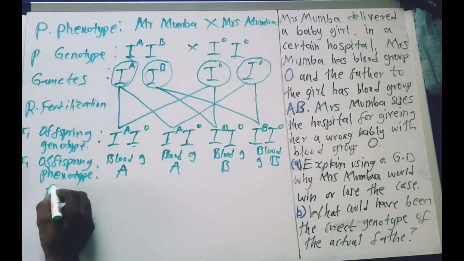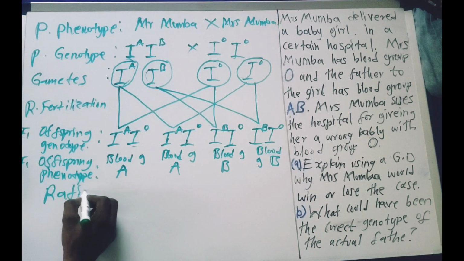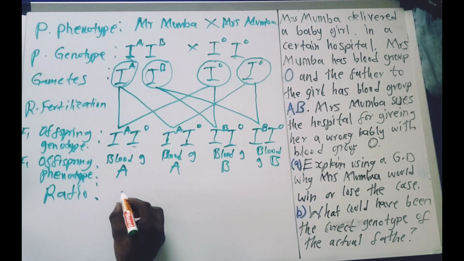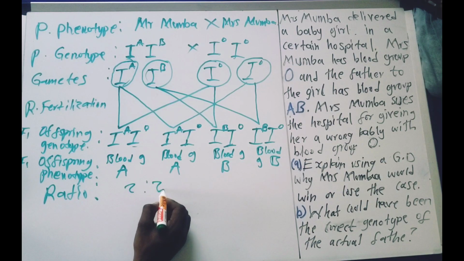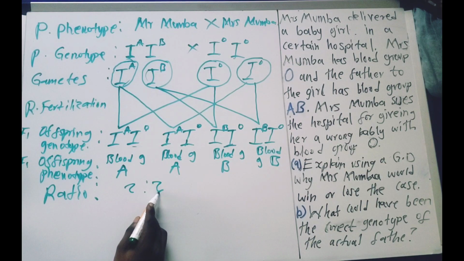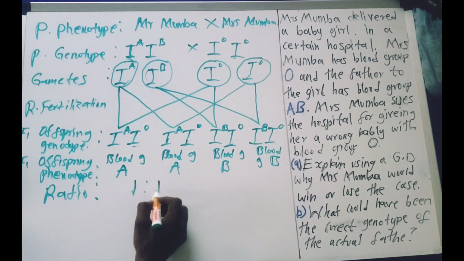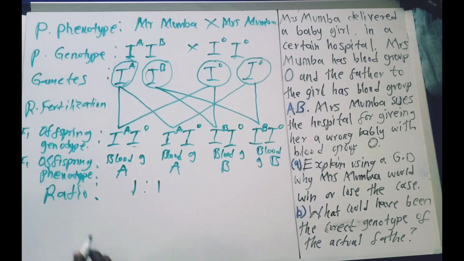The ratio. So for the ratio, how many A's do we have? We have 2. Okay? So this is 2 to 2. But we can reduce 2 to 2. And if we reduce 2 into 2, 2 into 2, it's going to be 1 to 1, right? So our ratio is 1 to 1. Okay? That is our ratio.